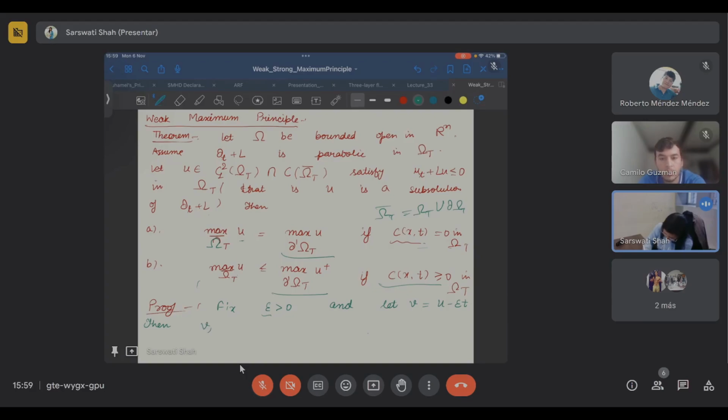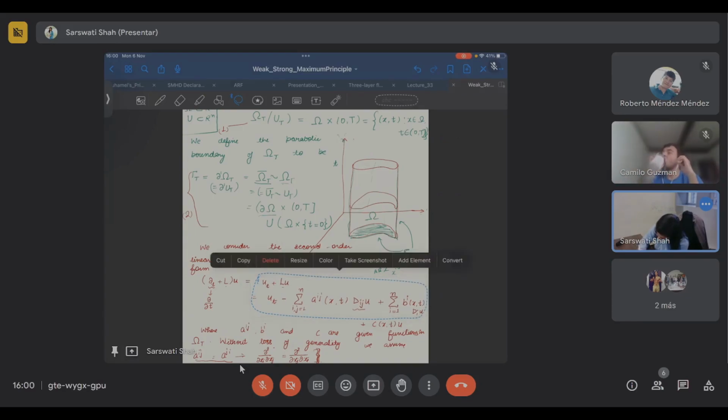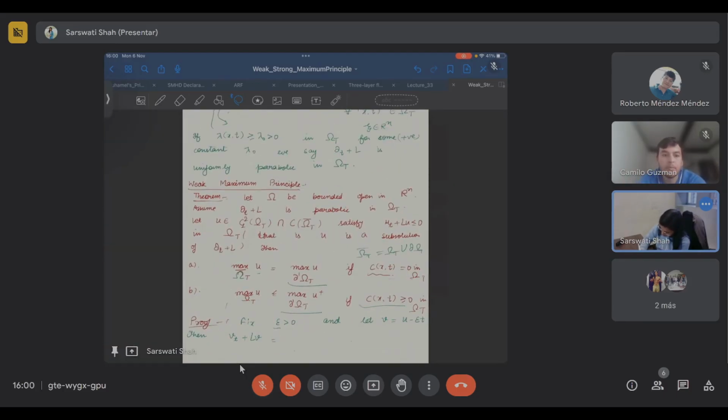Then v_t plus Lv is going to be... What will be the Laplacian of v?